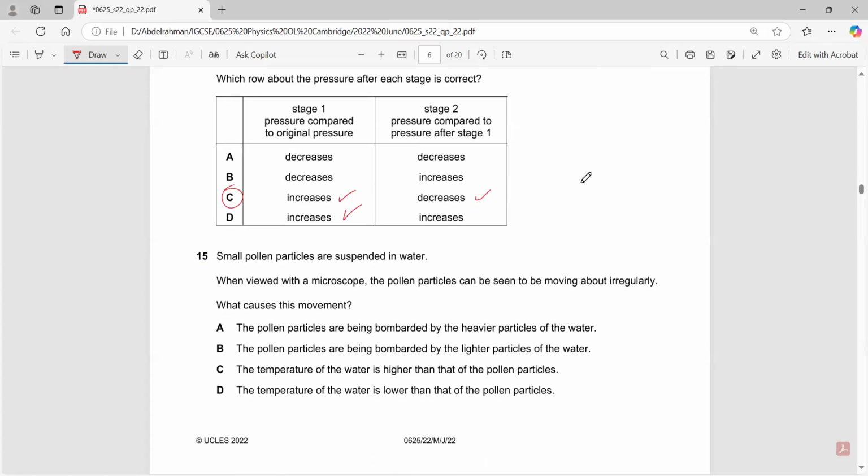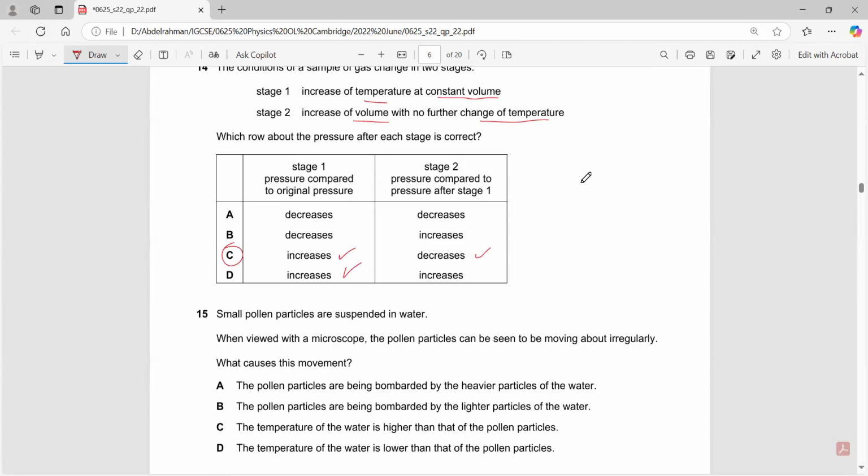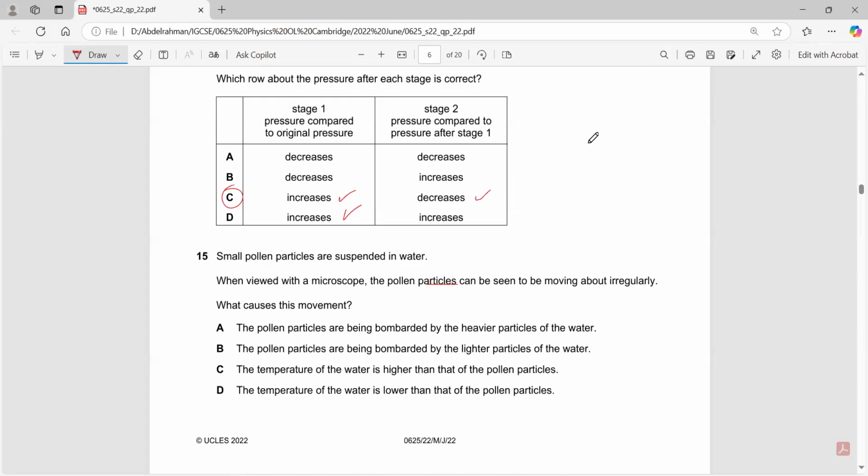Small pollen particles are suspended in water. When viewed with the microscope, the pollen particles can be seen to be moving around. This is the Brownian motion. What causes this movement? Pollen grains are being bombarded by heavier particles of water, or by lighter particles of water, or the temperature of the water is higher. It does not have to do with the temperature.